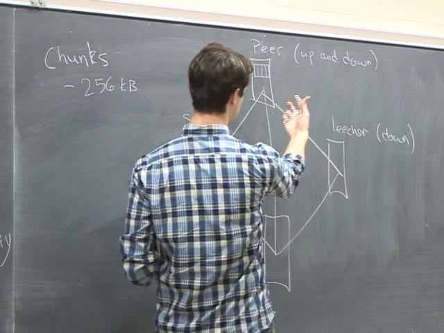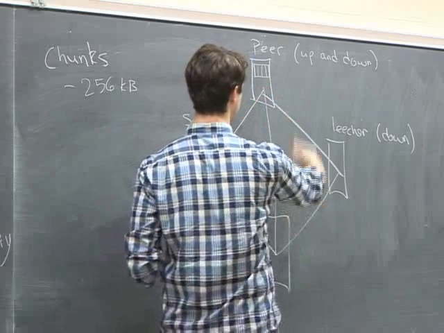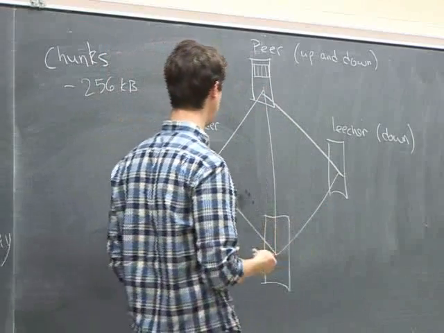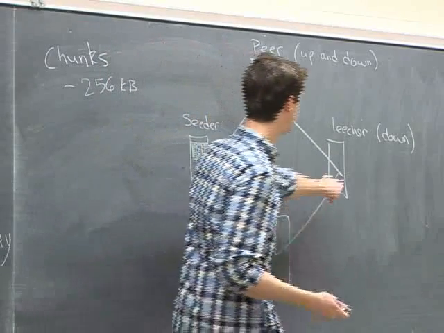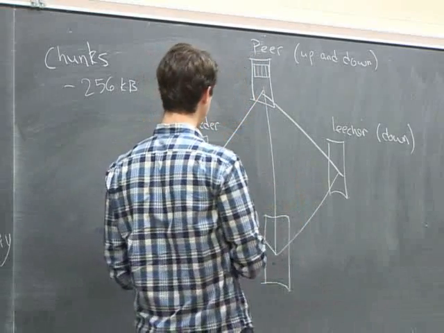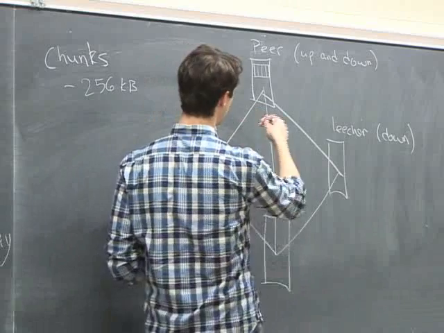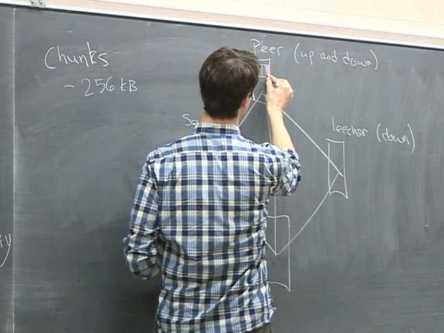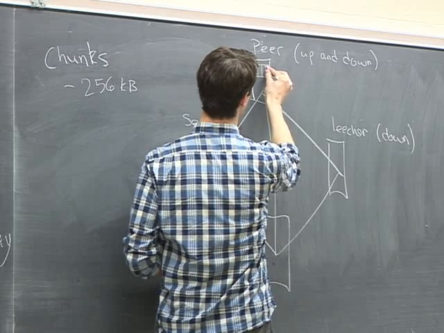So it registered with the tracker, has now connected to 3 other peers, and asks them for a chunk. Well, this peer and this peer don't have anything to provide it with, but this seeder has some chunks, so let's say it sends it the pink chunk, okay?